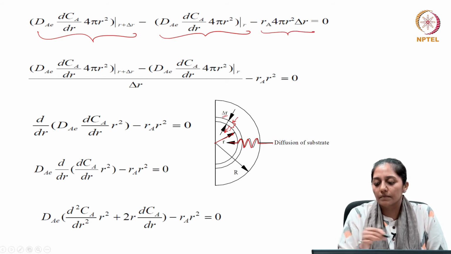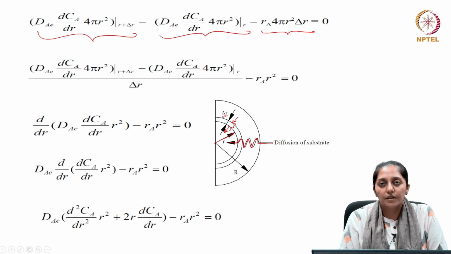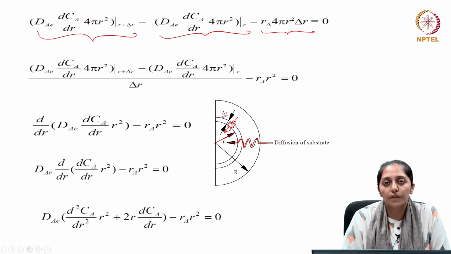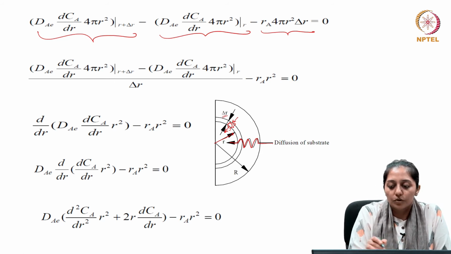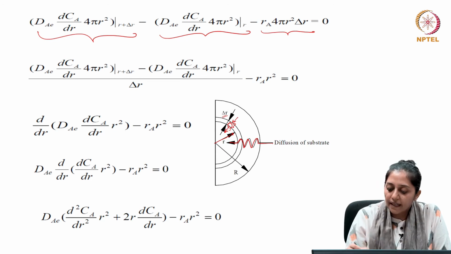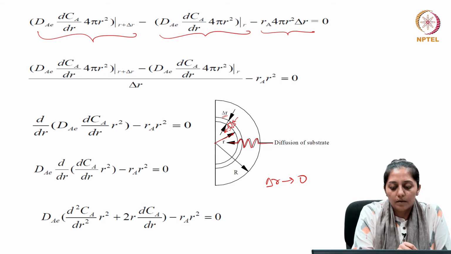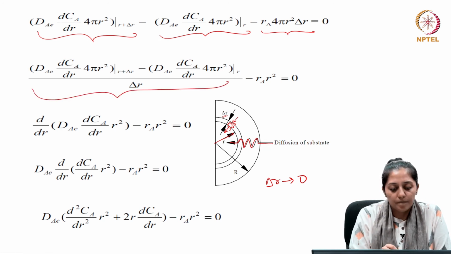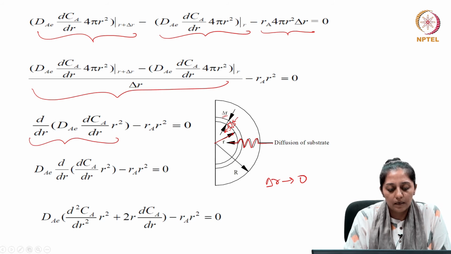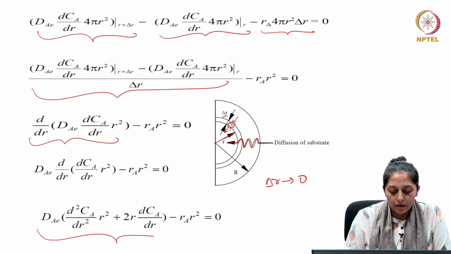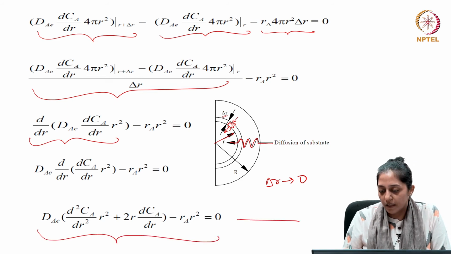The third term is your reaction rate in this shell, which is equal to the consumption rate of the substrate. Now if you put the limit that delta r tends to 0, you can bring it in the form of a differential, and it takes the form of the equation given in the end.